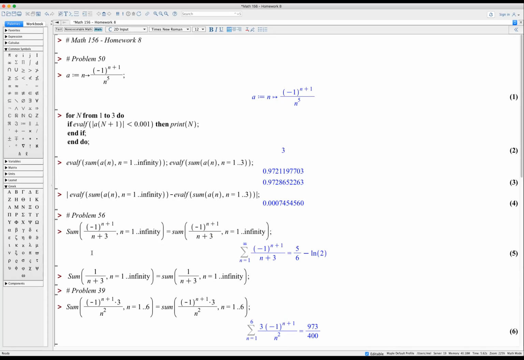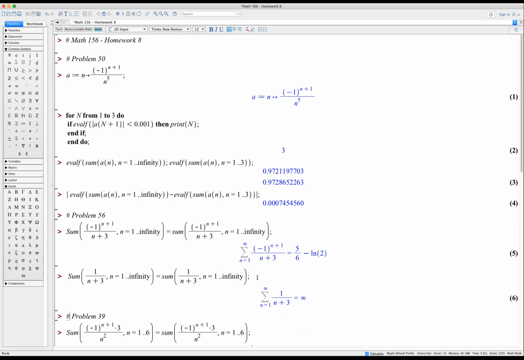So this is this series, but the absolute values of the terms, it diverges. So the series in 56 converges conditionally. It doesn't converge absolutely. This series diverges when I take the sum of the absolute values of these terms, but the alternating series converges. So this is a conditional convergence.